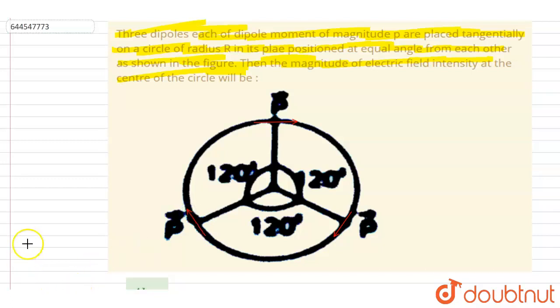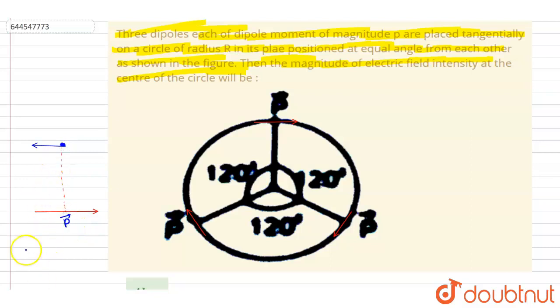So if I talk about the electric field because of a dipole moment at an equatorial point, let's say I take an equatorial point, here it will be in this direction, anti-parallel to the dipole, like this.